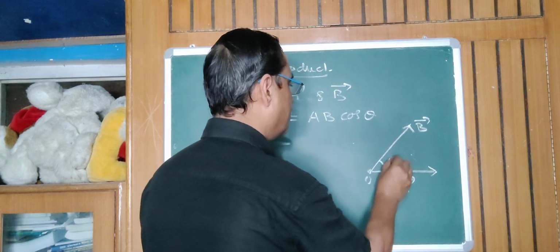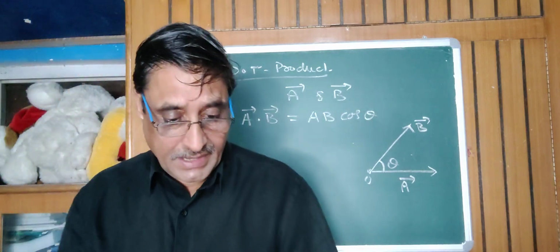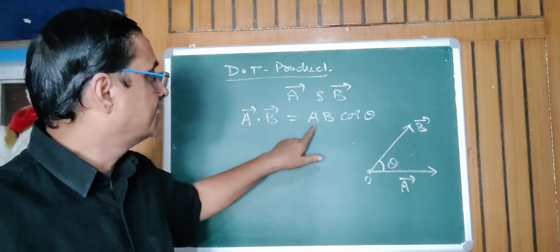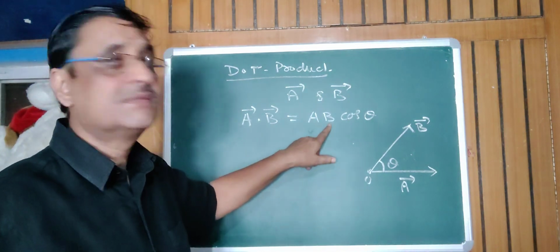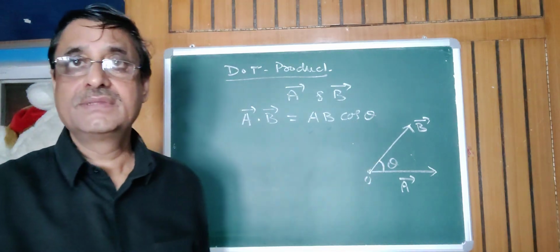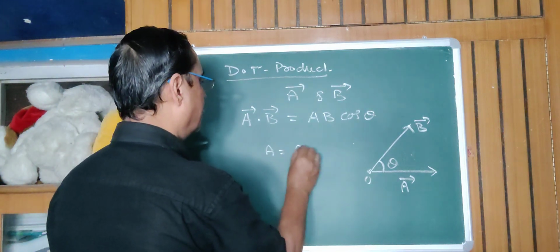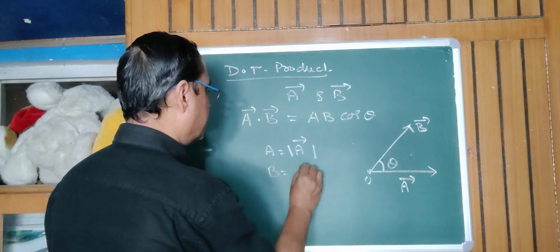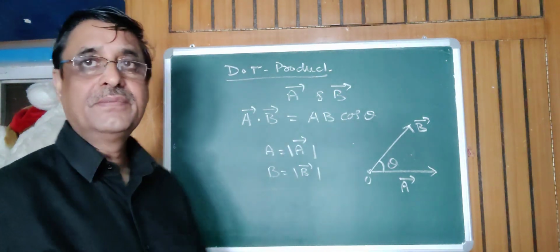Then this angle is called theta, which is the angle between vector A and B. Now if I write AB cos theta, then A is the magnitude of vector A, B is the magnitude of vector B, and cos theta is the cosine of the angle between them.